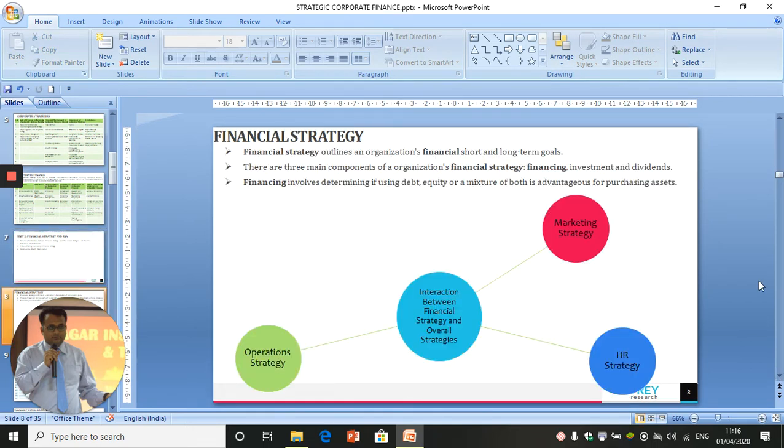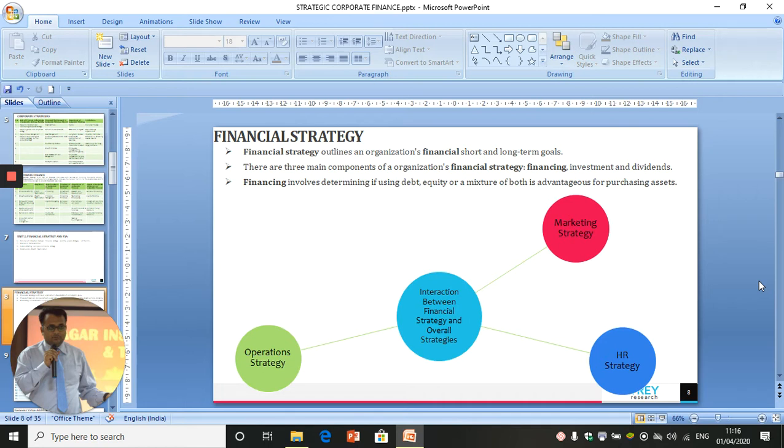Financial strategy outlines an organization's financial short and long term goals. Financial strategy is nothing but an organization's goals, short and more of long term, relating to its finances. There are three main components of an organization's financial strategy.